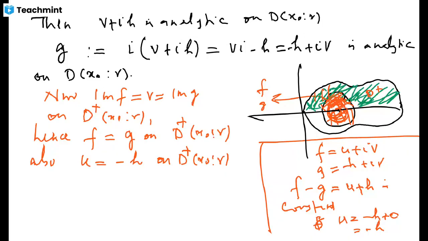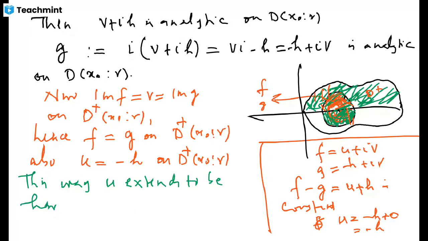And we have that u is equal to h on this upper part, so in this way u can be extended to be harmonic on this lower part of the disk as well. So this way u extends to be harmonic on the whole of the disk d x naught r. Is it okay?